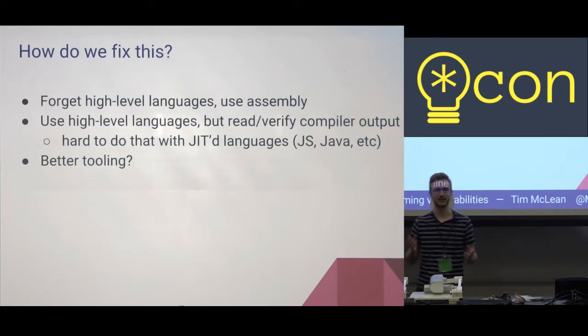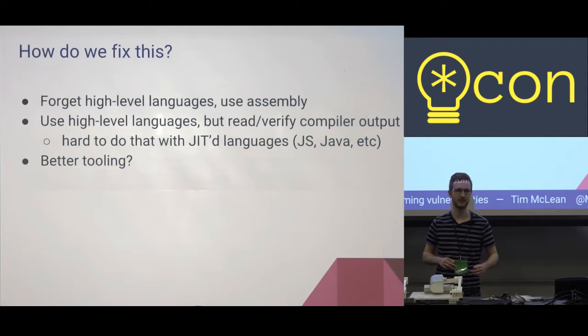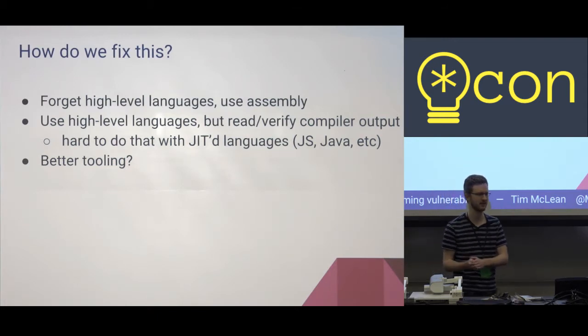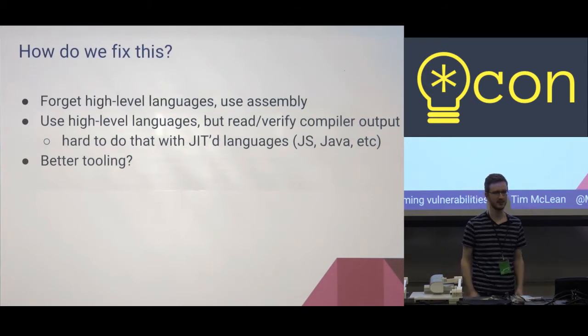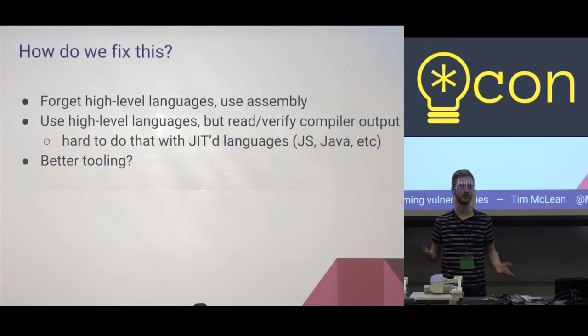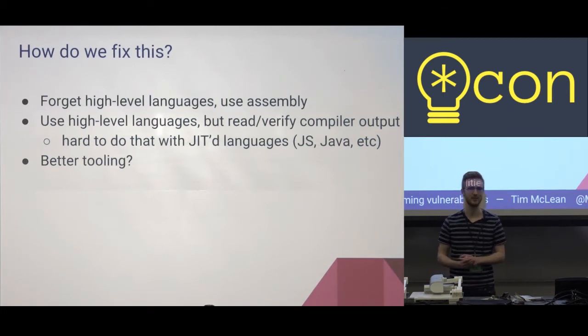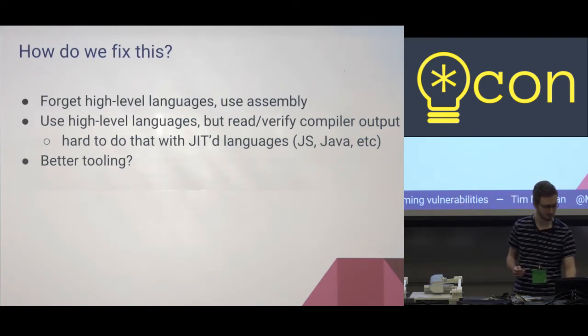And that's really hard to do with languages like JavaScript or Java, because JavaScript runs on various different runtimes. Java compiles into JVM bytecode. You can't really look at the final assembly output easily enough. So there's not really a clear solution here. Actually, this is largely an unsolved problem, to be honest. I don't know of any great tooling around this that can actually help you solve this in a reliable manner.